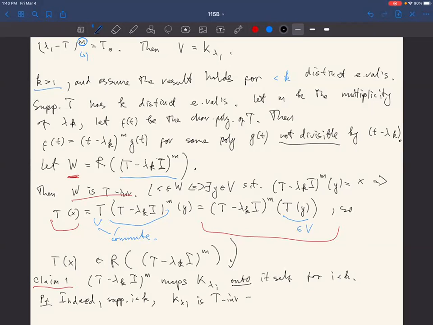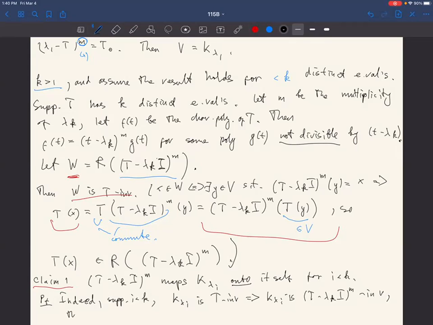So this means that K_λi is also (T - λ_k I)^m invariant. Because if it's T invariant, and here we have something which is built from T and from the identity linear operator, it remains invariant with respect to this more complicated operator.